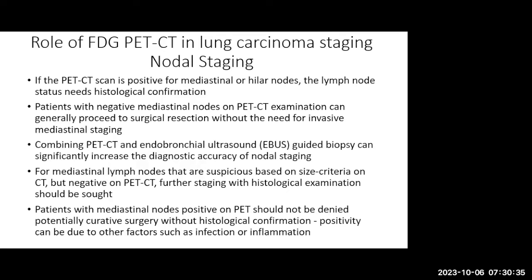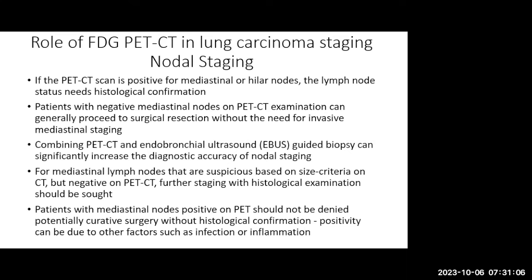In that case, it was proven to be just on follow-up imaging, but you need histological confirmation, because as I have mentioned, benign lesions like inflammation could also show increased uptake. If you have negative mediastinal nodes on the FDG PET-CT, those patients can generally proceed to surgical resection. The negative predictive value is pretty good, unless the lymph node is really tiny, as I mentioned, that could be below the resolution of PET.